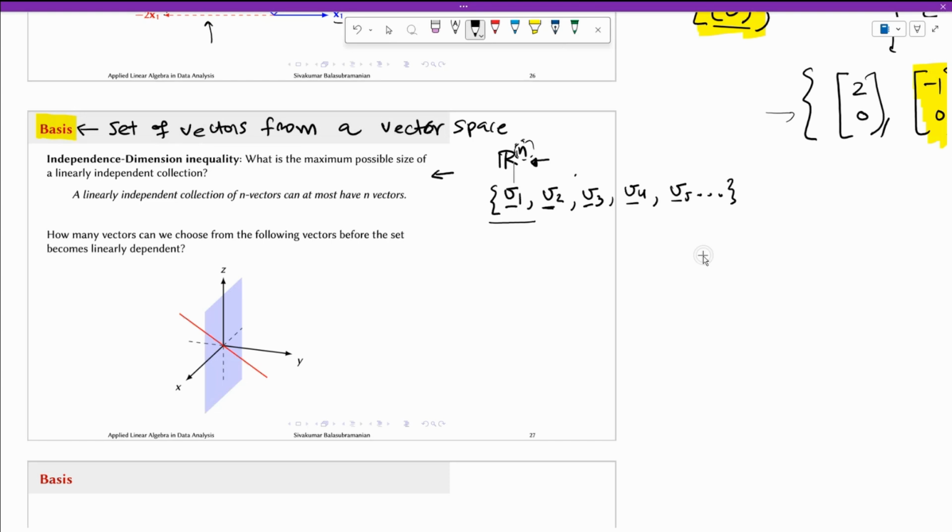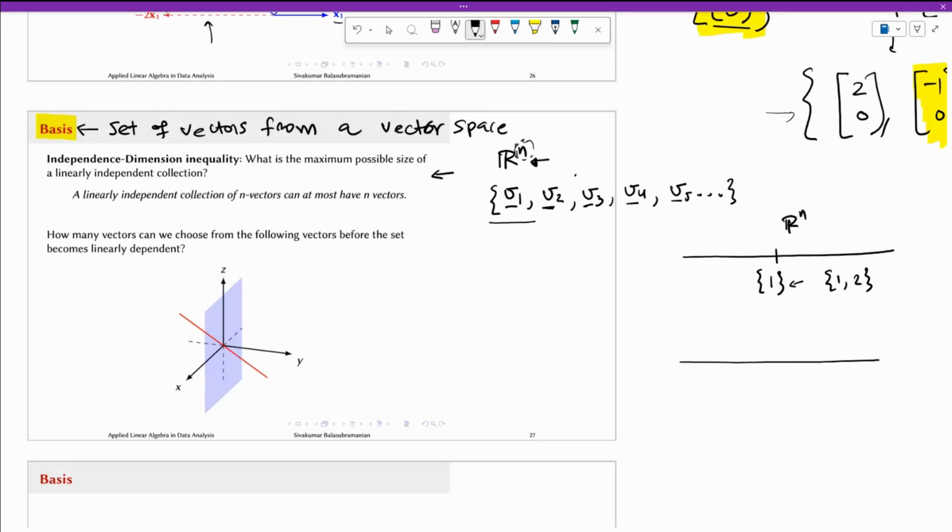That means if you have the real line where n is 1, you can choose one non-zero number and form a set, let's say 1, and that set can be linearly independent. The moment you add one more element to the set, let's say I add 1 and 2, it becomes linearly dependent, and any more elements you add, it's linearly dependent after that.